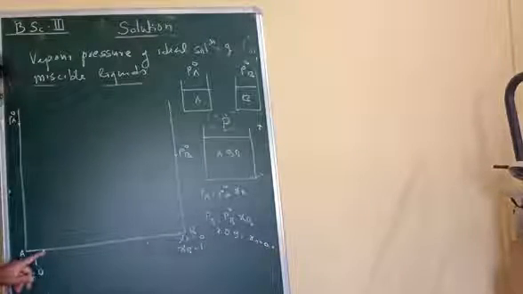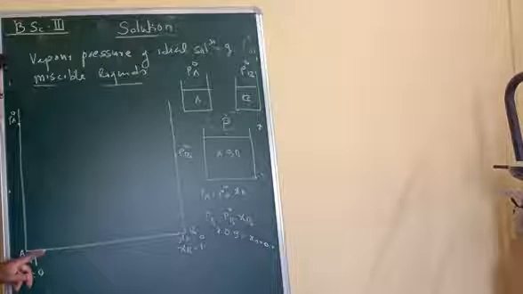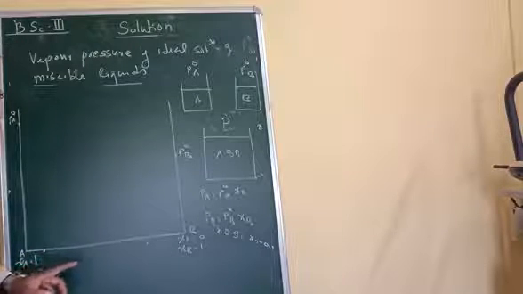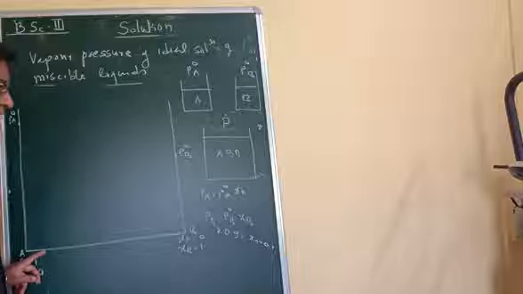And if you measure the vapor pressure of this solution, that means the partial vapor pressure, because now this is contaminated with B, and therefore it is not the vapor pressure of a pure component.